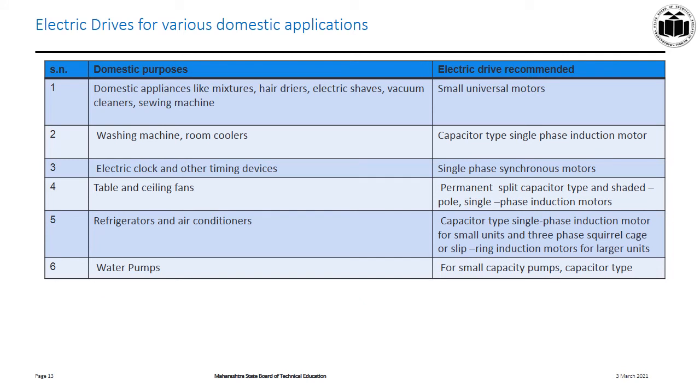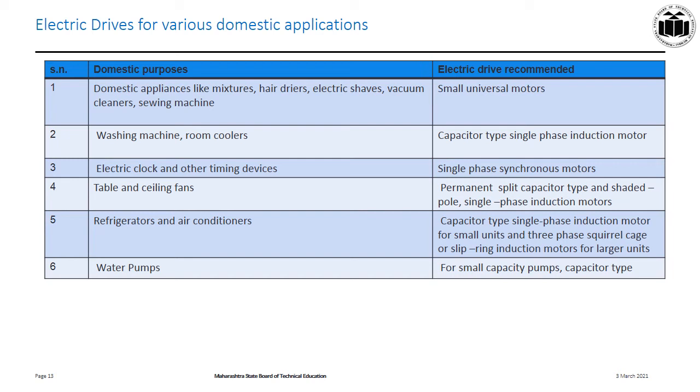Till now we studied the electric torque characteristics of various drives, that is the three-phase induction motor, DC motors, single-phase induction motor, etc. Every particular electric drive is useful for a particular kind of load.